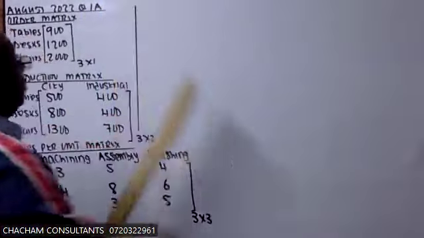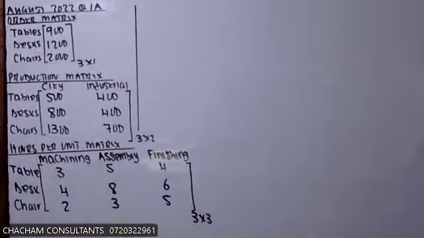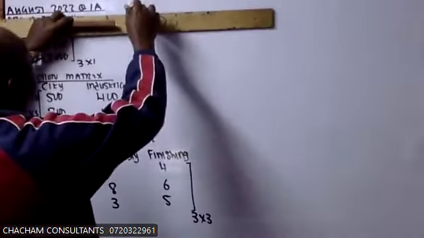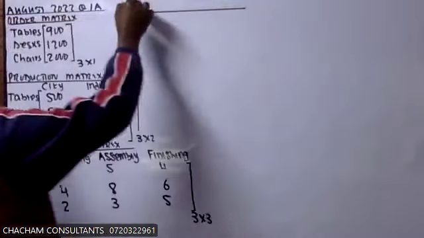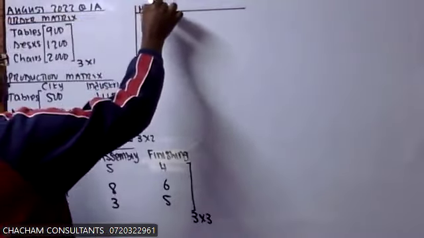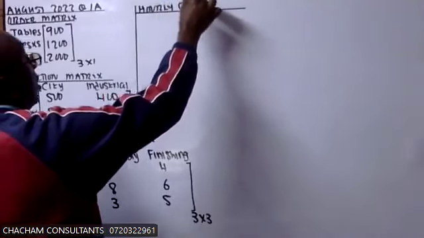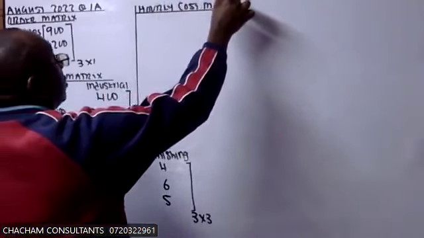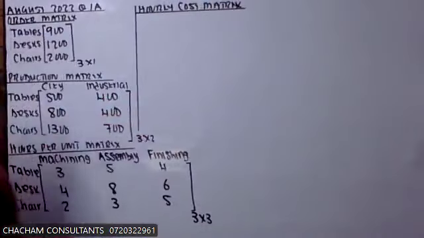The next matrix you can create from there is the cost of an hour. So the hourly cost matrix.